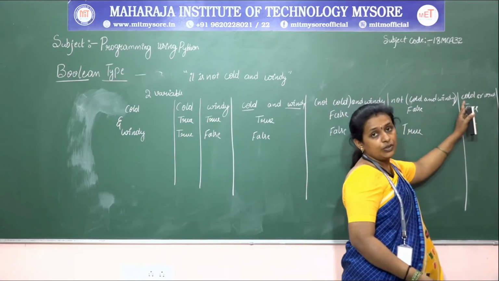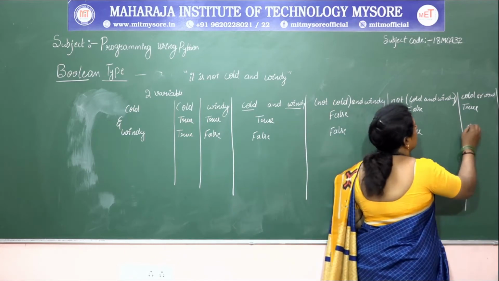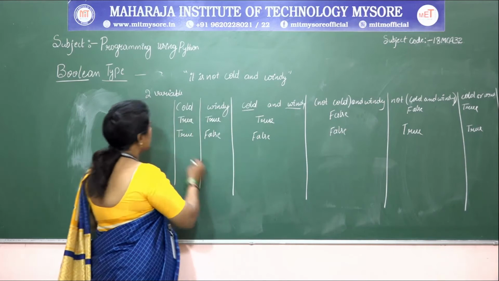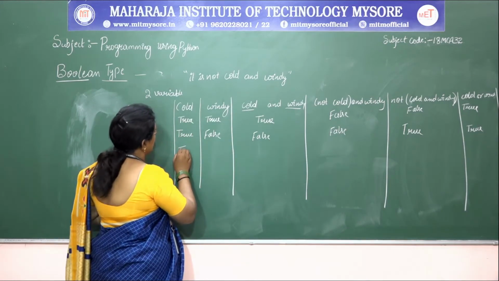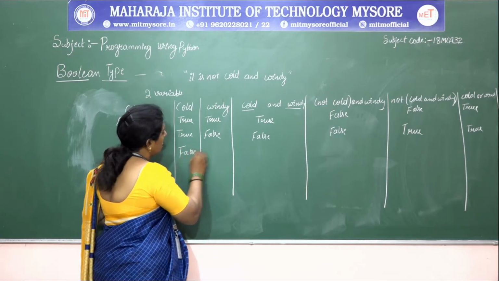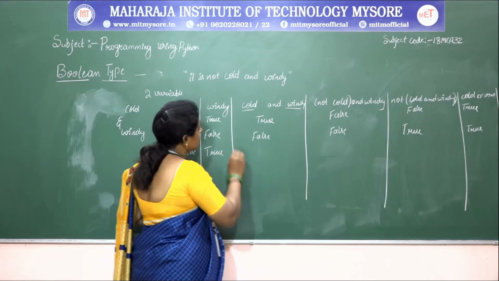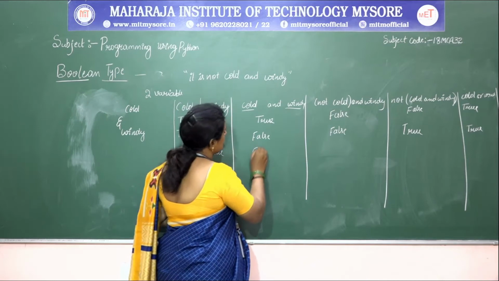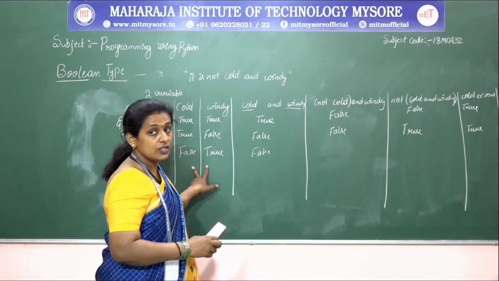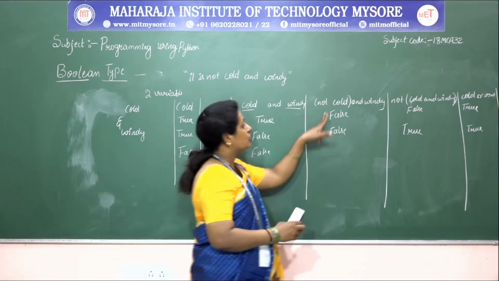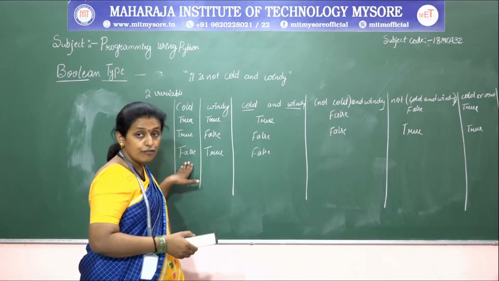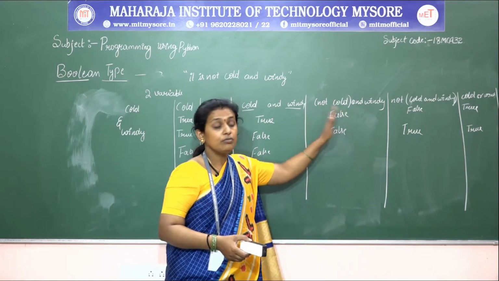The cold value is true, so obviously we get the output as true. Okay. Next, go with false and true. For this we get false, because either value is false, so the output is false. With respect to this, not cold: the cold value here is false, and not of false becomes true.